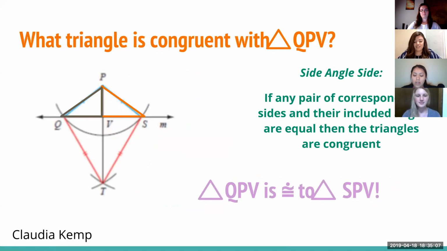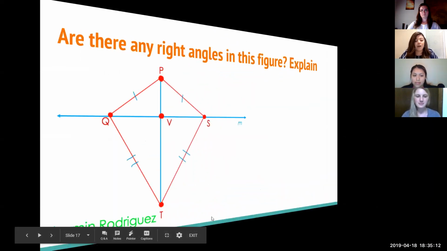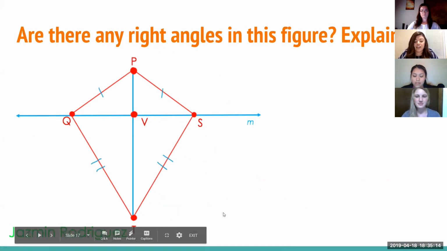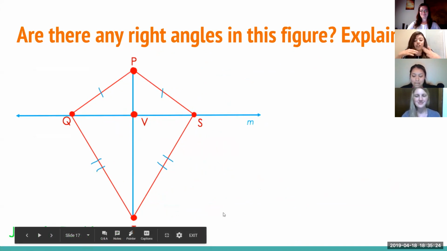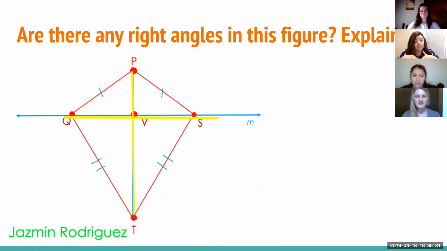Jasmine, are there any right angles in this figure? Great question, Cece. How about we work this out together and see if we have any? First, do you know what a right angle is? No, I do not know what that is. Well, let me tell you. A right angle is the corner at which two perpendicular lines meet. They are formed by two adjacent angles that have a common vertex and a common side.